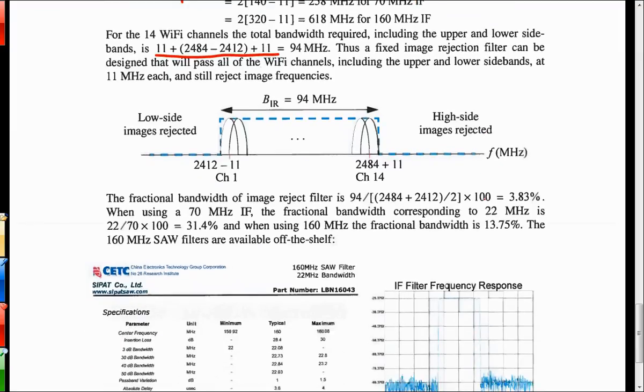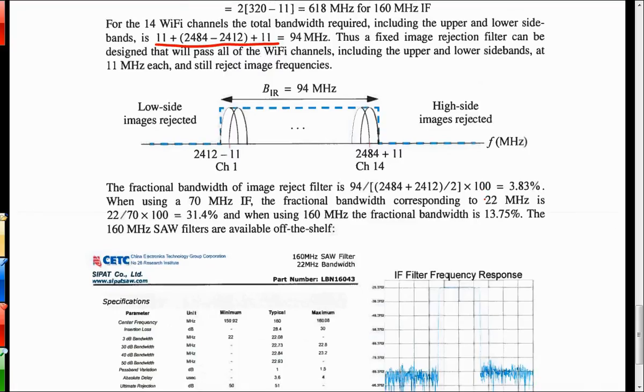But then the next consideration I gave was if I put my IF filter at 70 megahertz, I can get this image reject filter, and that's not a problem to build.